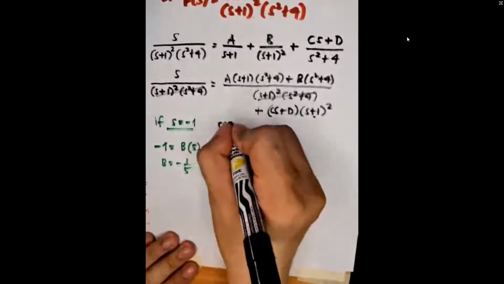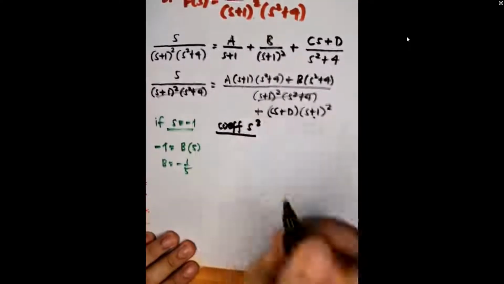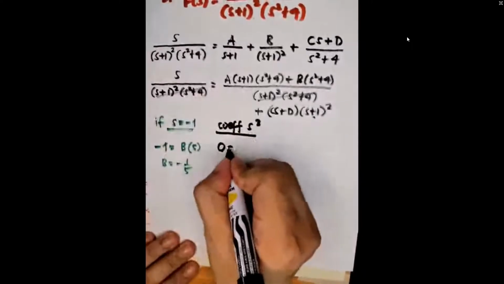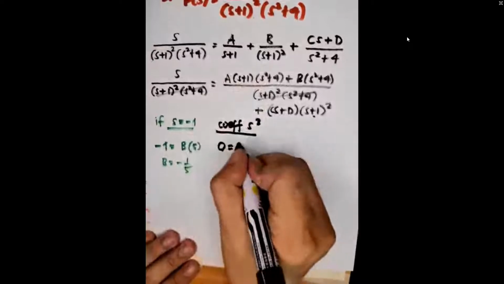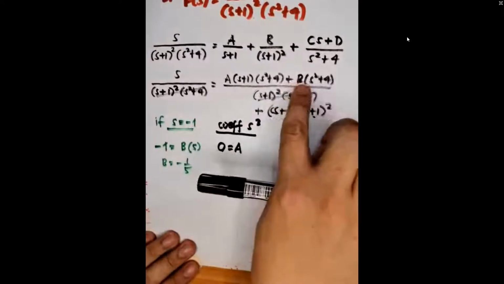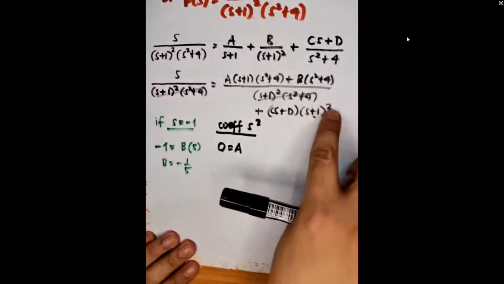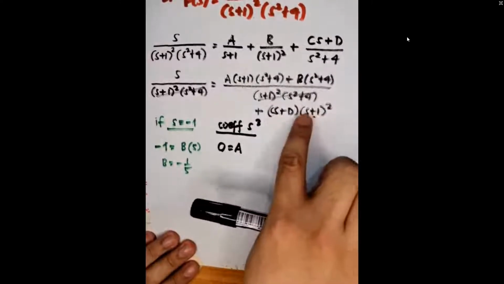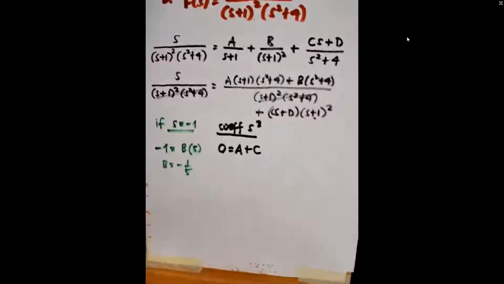Okay, the coefficient of s cubed. Dito walang s cubed, that's 0. Ito, s times s squared, that's equal to A. Plus, walang s cubed. Kung i-expand natin to, magkaka-s cubed tapos yung Cs plus C. Yun lang.